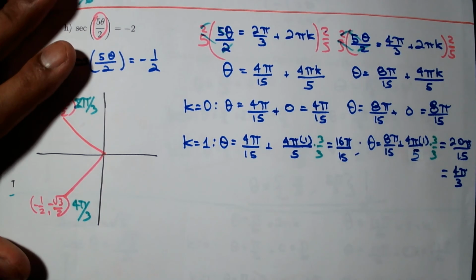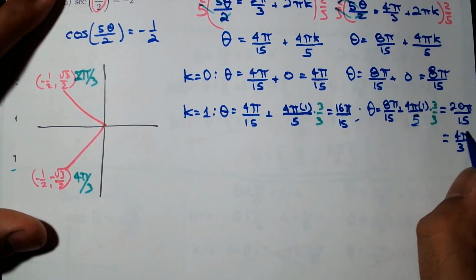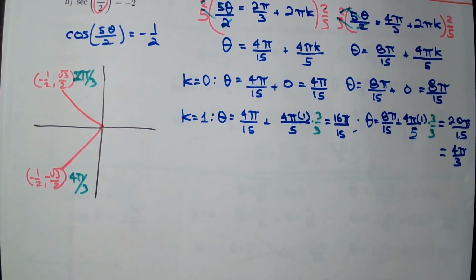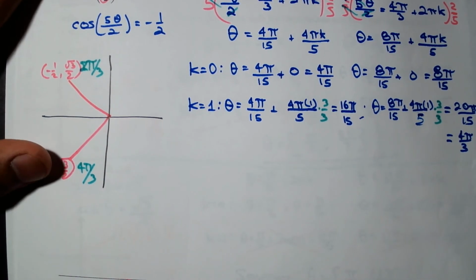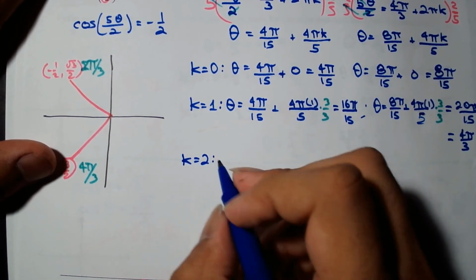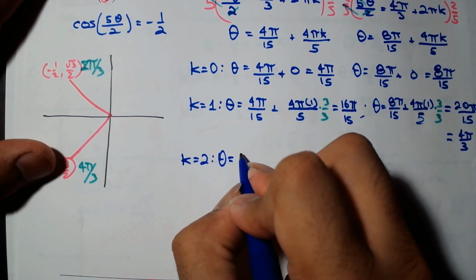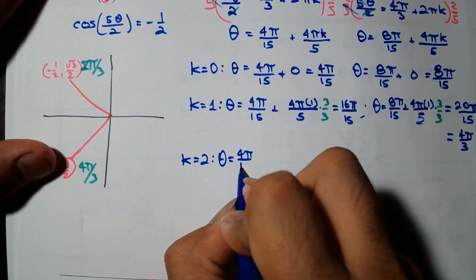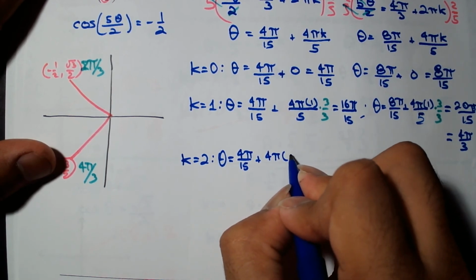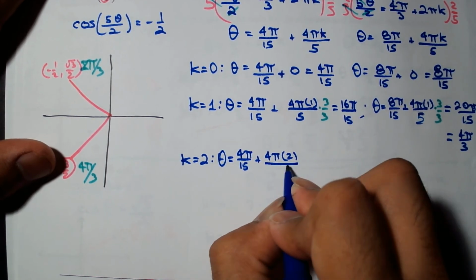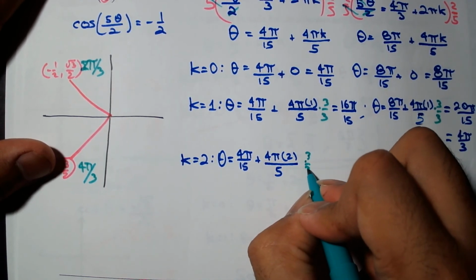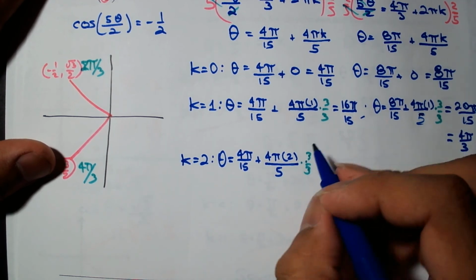Okay, let's do one more. K equals 2 because 4 pi over 3 and 16 pi over 15, it's still within the interval 0 to 2 pi. So K equals 2. For K equals 2, theta equals 4 pi over 15 plus 4 pi times 2 over 5. And then let's just multiply, divide by 3 to get the same denominator.